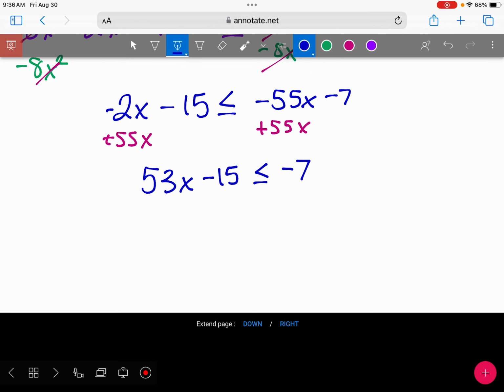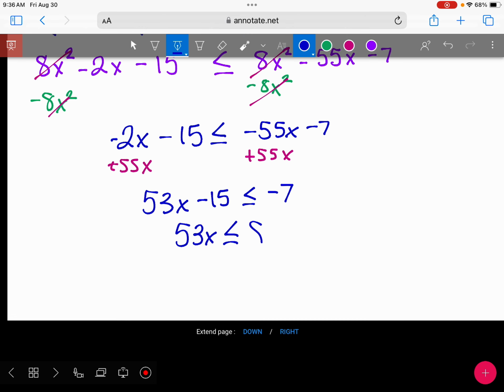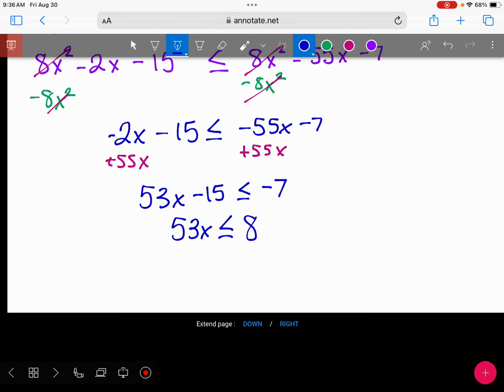Then what? Add 15. So we're going to have that 53x is less than or equal to 8. So what is x less than or equal to? 8 over 53.